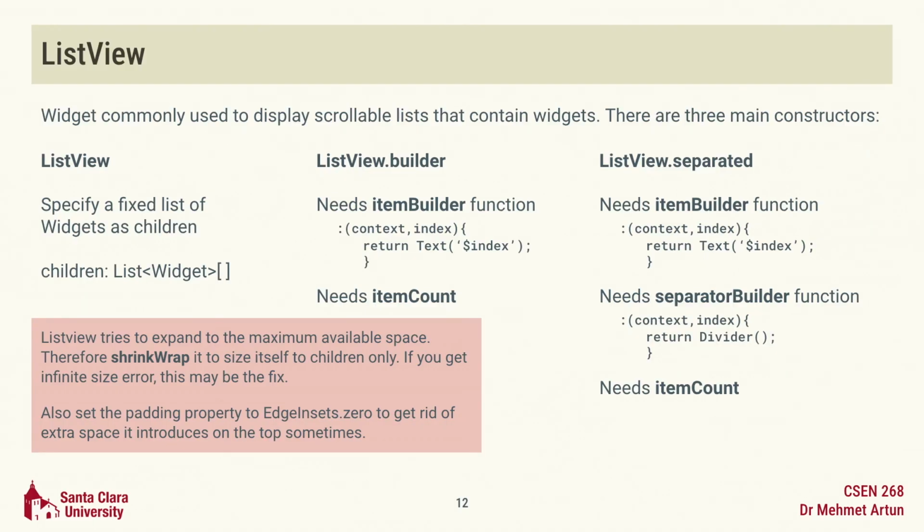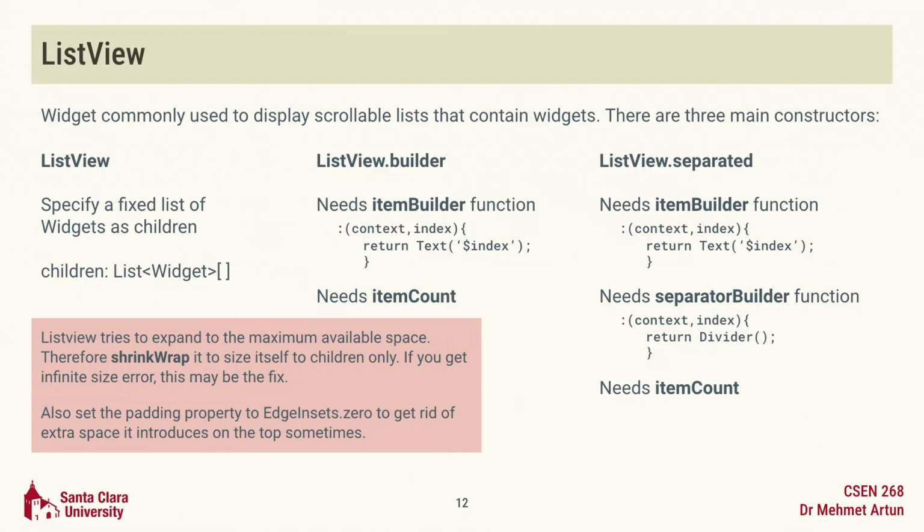My first gut instinct, instead of trying to read pages and pages of errors, is just put this ListView into a shrink wrap. The shrink wrap property keeps the ListView just to its intrinsic size. It doesn't try to occupy any extra space. So this is something you need to take care of.